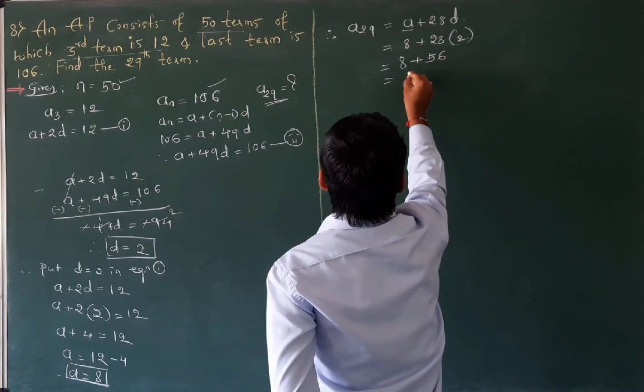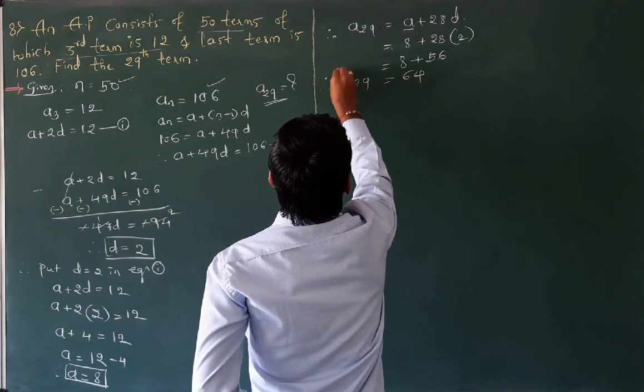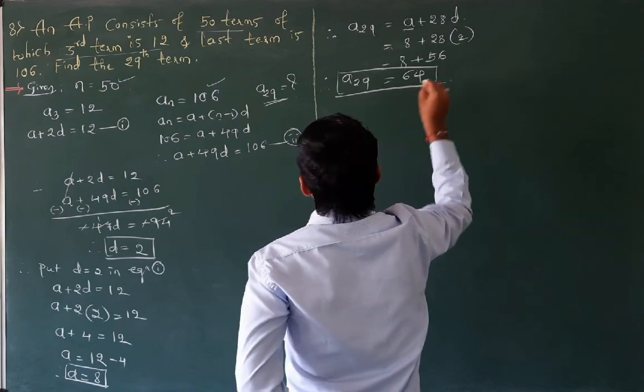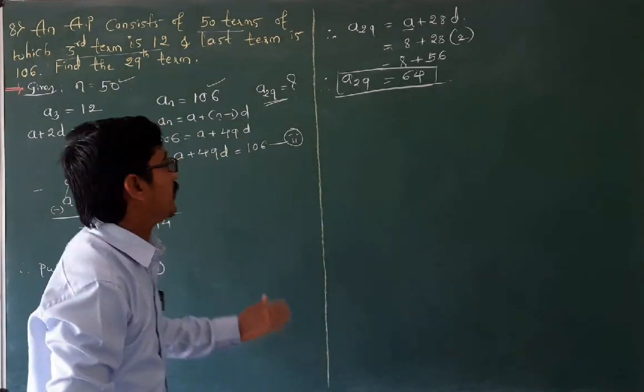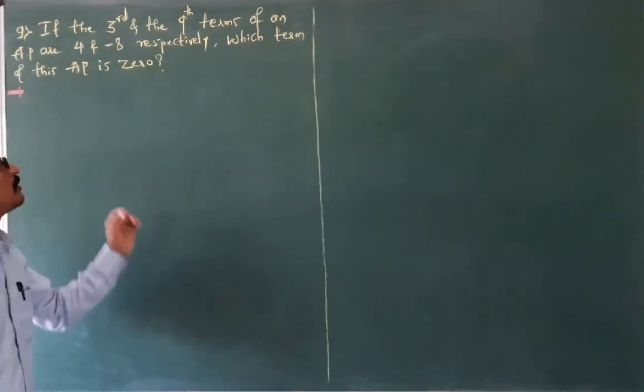So 56 plus 8 is 64. So therefore the 29th term, that is A29, is equal to 64. Here we have to write the therefore statement. Therefore the 29th term is 64.